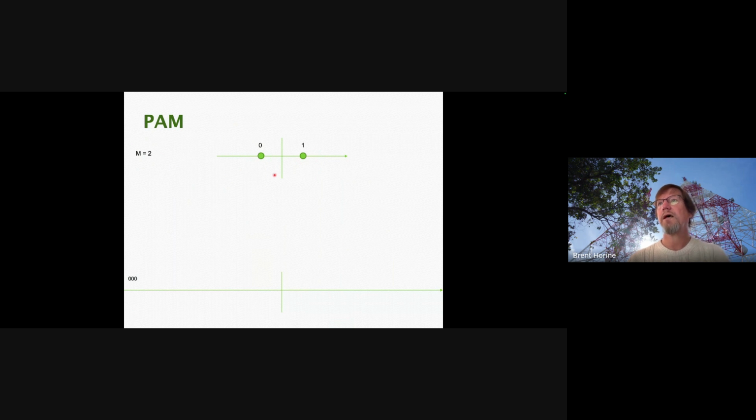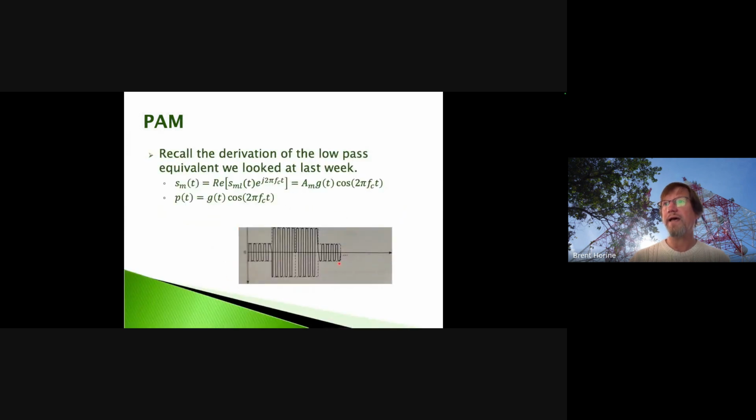So these are our constellation points. These are our vector representation of this whole mess. So why did we do all that vectorization earlier in the lecture? So we can just draw this diagram and know what is going on.